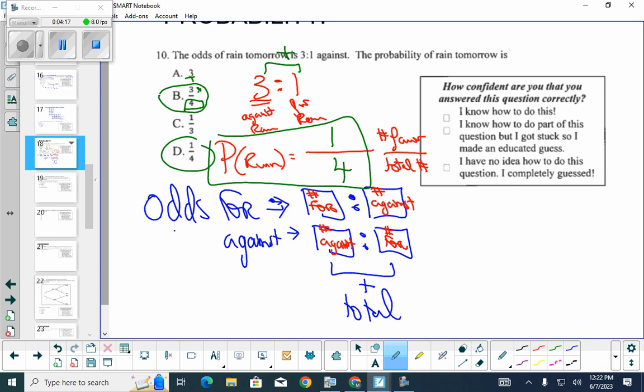They used the wrong number. So these questions are not hard. There's no mathematical calculation with them except if you count adding 2 numbers. It's reading. This is reading comprehension, unfortunately. Okay. Questions on odds.